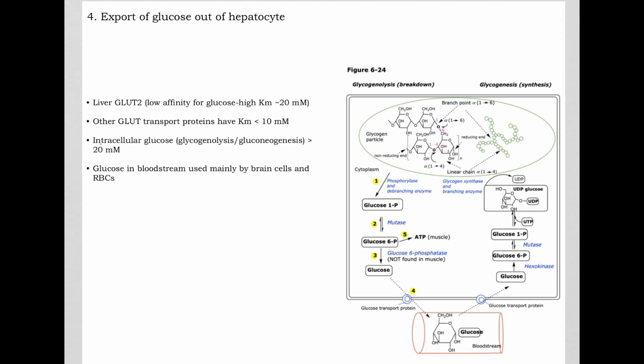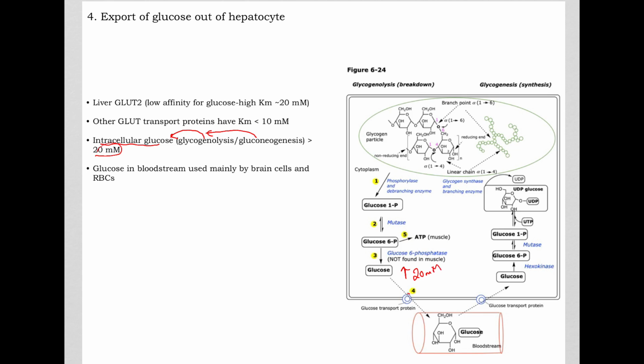So the intracellular glucose in hepatocytes is coming mostly at this stage from glycogenolysis, and later we'll also see some of it will come from gluconeogenesis. So the concentration of glucose inside the hepatocyte can very easily reach and exceed 20 millimolar.